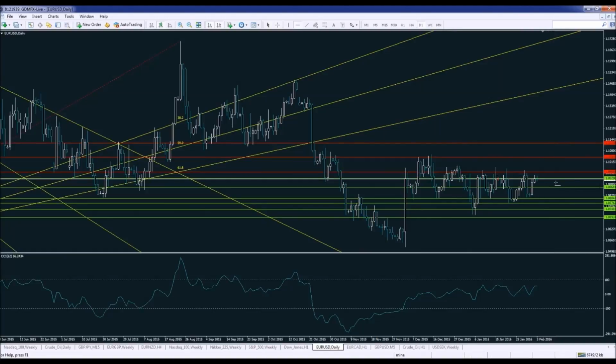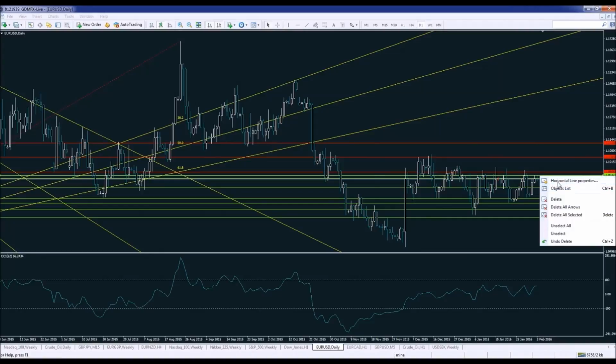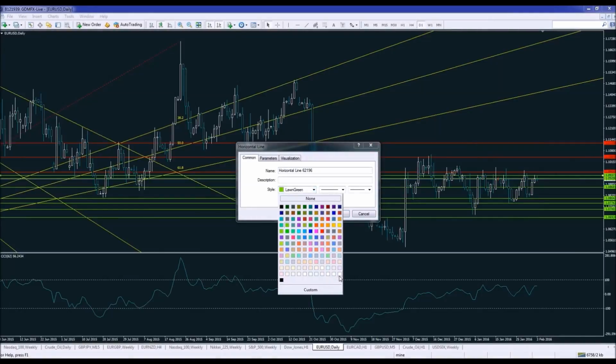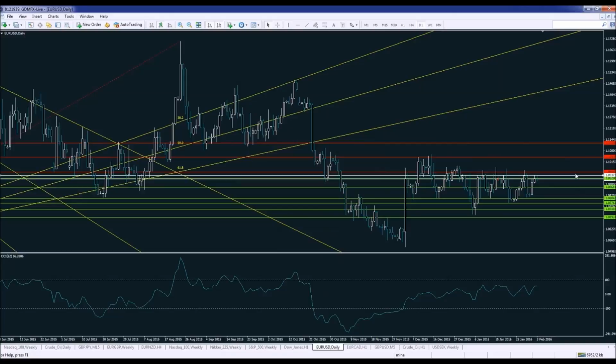And this you can actually mark with a different color. I usually choose white as, let's say, a neutral level, somewhere where the price is expected to reverse up or down.